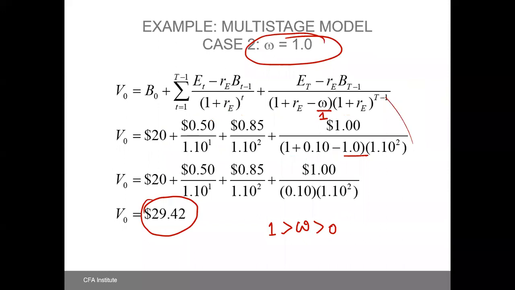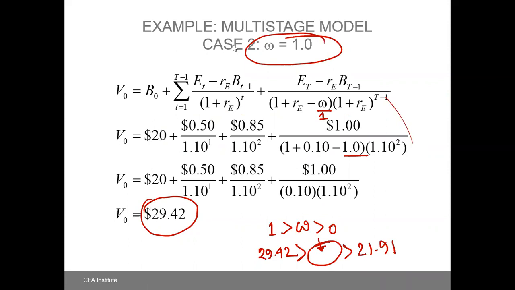What do you expect? The value should be in between 29.42 and 21.91. Do you expect the value of the stock to be in between these two when omega is between 0 and 1?